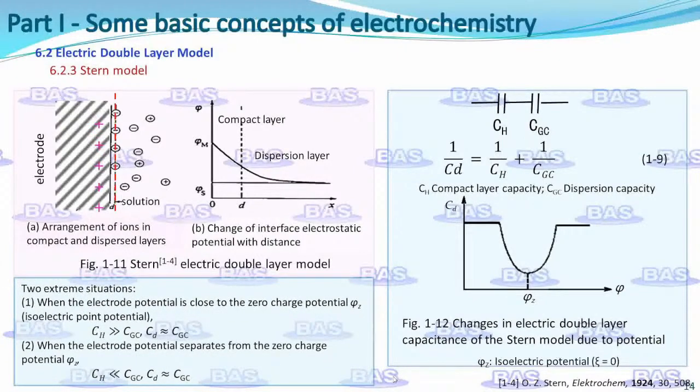In the Gouy-Chapman model, the higher the electrolyte concentration, the thinner the diffuse layer, and the faster the decay of the potential. The distance is the interface between the compact layer and the diffuse layer, and this interface is called the outer Helmholtz plane. We'll talk about the inner Helmholtz plane later.